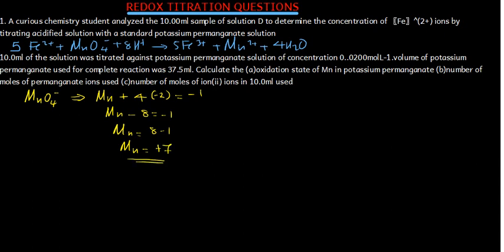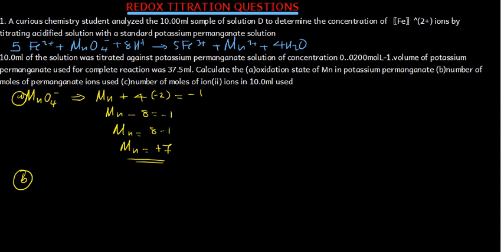Alright. Now the next question is part B. Part B says find the number of moles of permanganate ions used. Look at the information given. We've been told 0.02 mole per liter is the concentration of potassium permanganate used for the complete reaction.